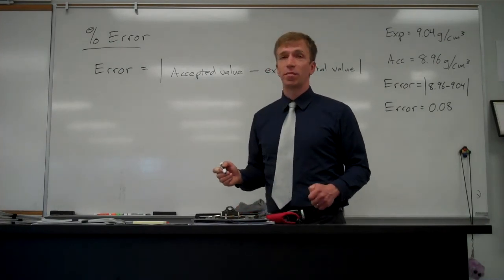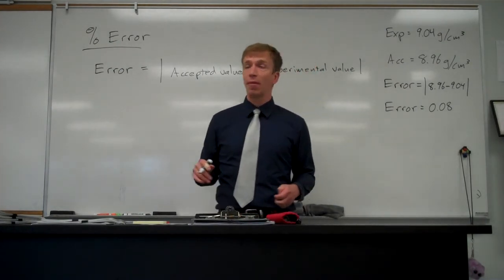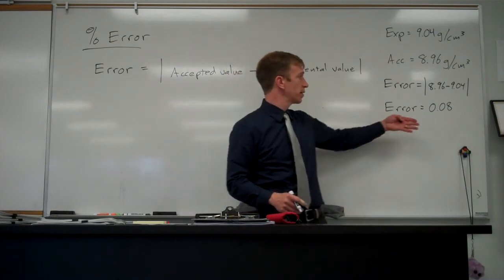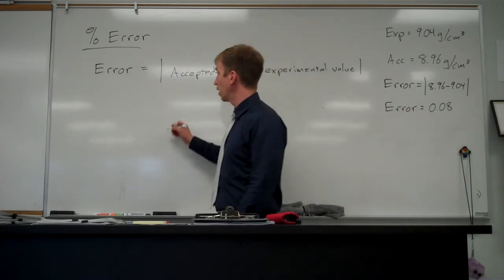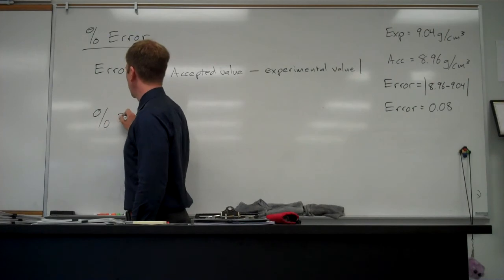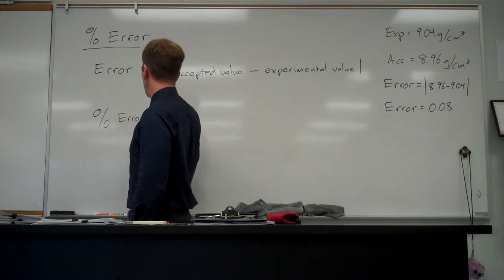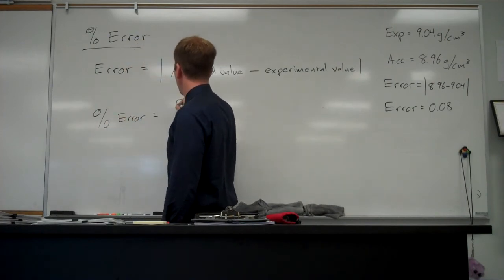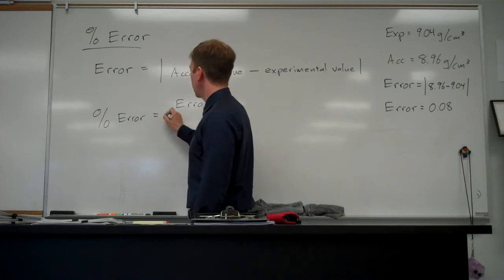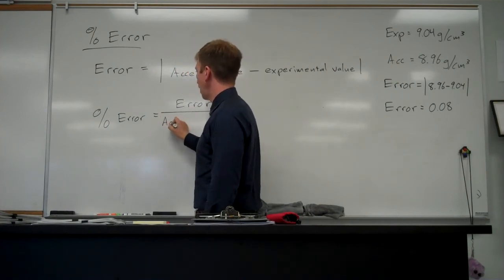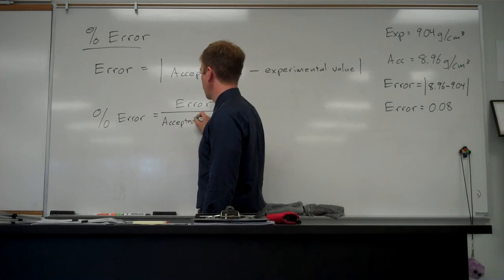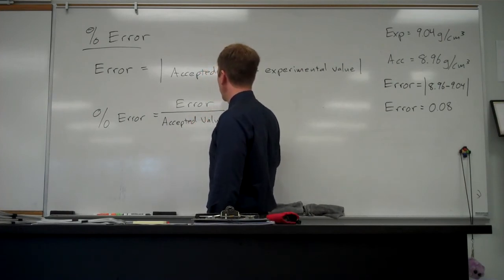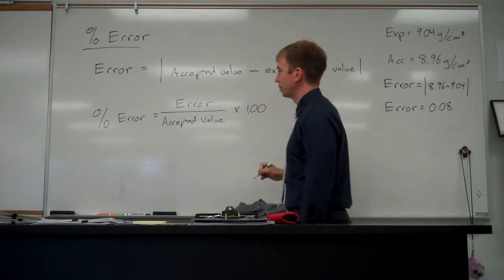The second thing that you have to measure or calculate is percent error, which is just a calculation based on your calculation of error. So percent error equals your calculated error divided by the accepted value times 100.